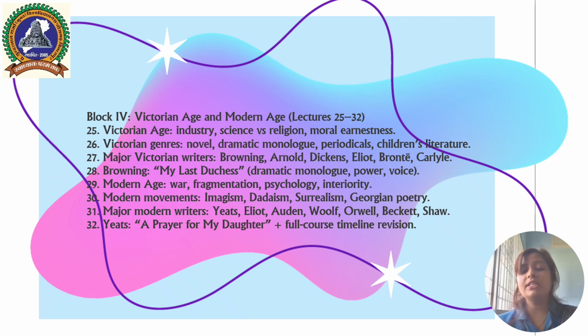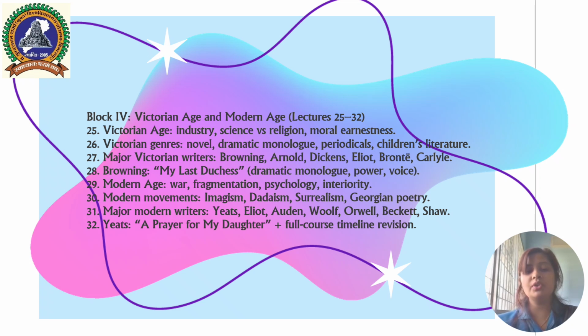Browning's work, My Last Duchess, is a very important example of dramatic monologue. The themes are power and voice. Then the modern age, the age of war, fragmentation, psychology, and then modern movements like Imagism, Dadaism, Surrealism, Georgian poetry.